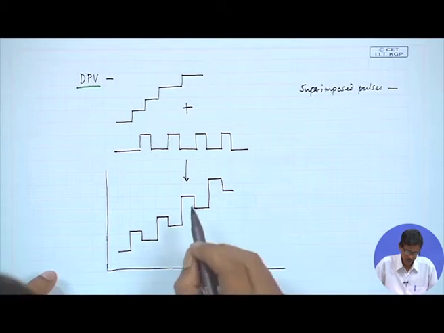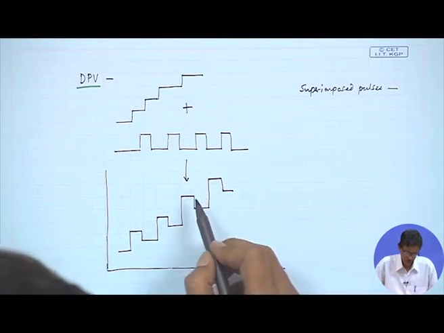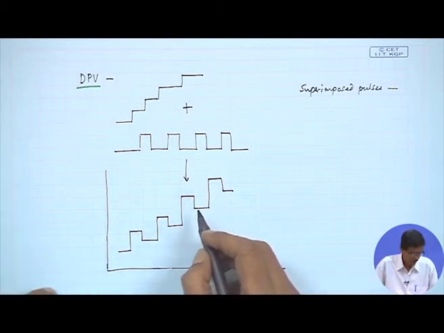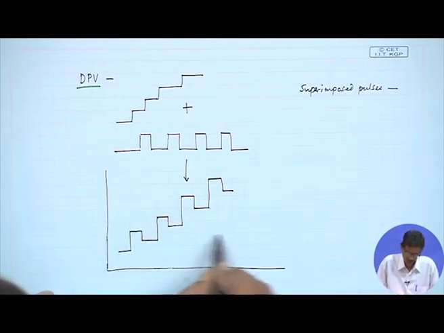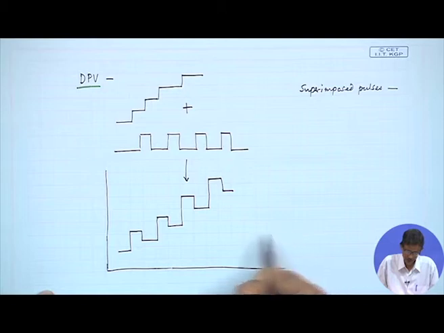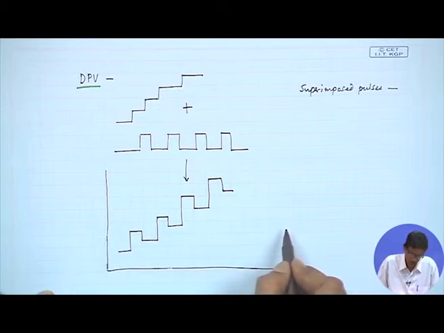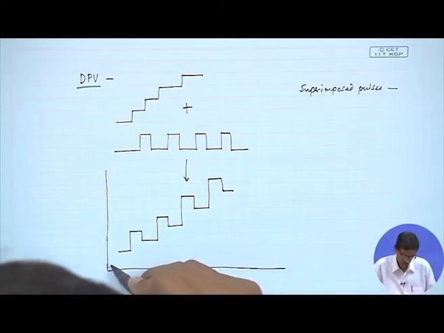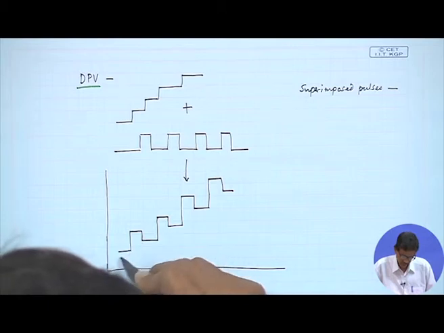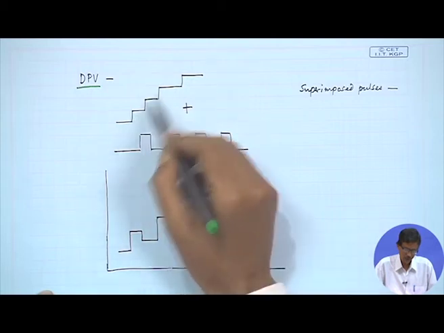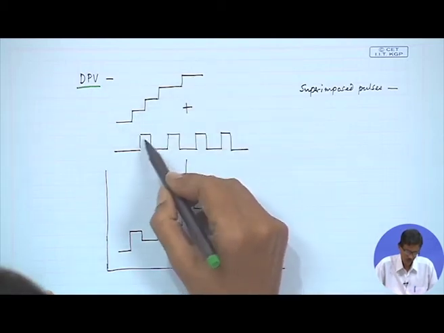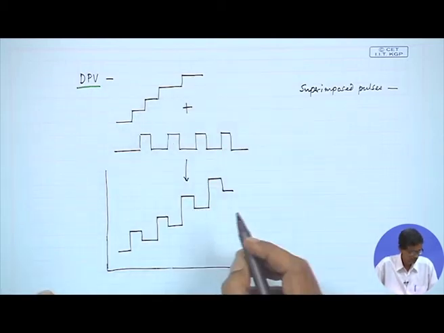These differential pulse voltammetric measurements are useful in that, as we saw earlier, in normal pulse voltammetry your base potential was not changing; it was coming back to the base potential. Now, your base potential is a staircase. This base potential is changing in a staircase manner, because we have imposed the staircase, where the steps are of the same height.